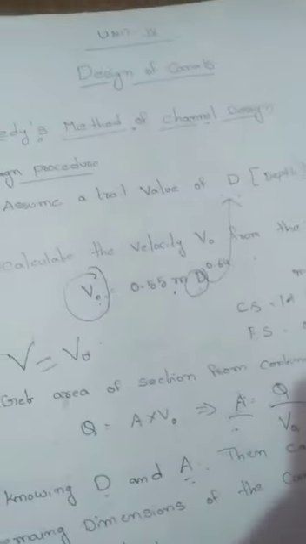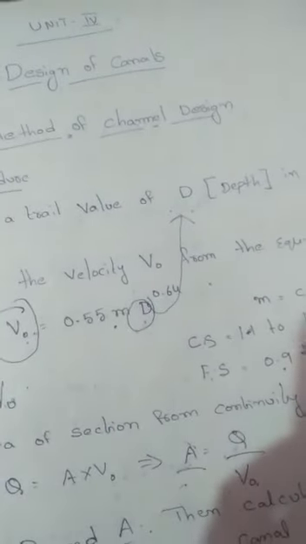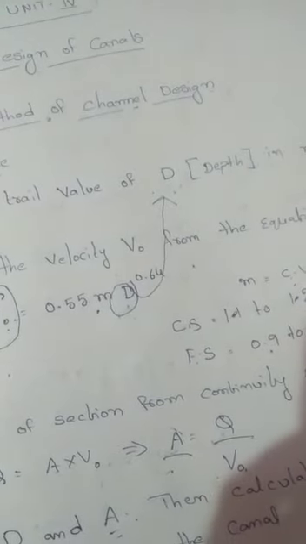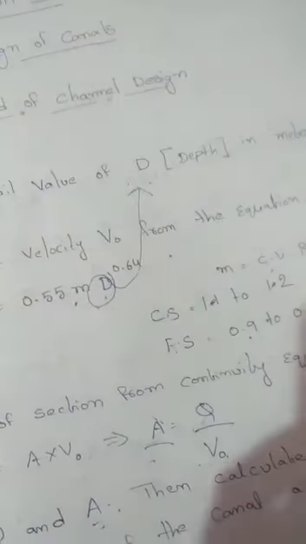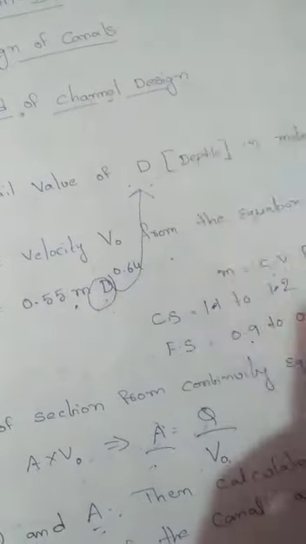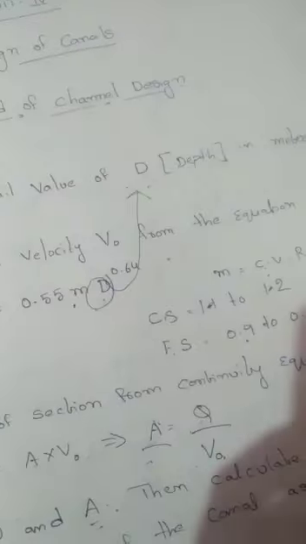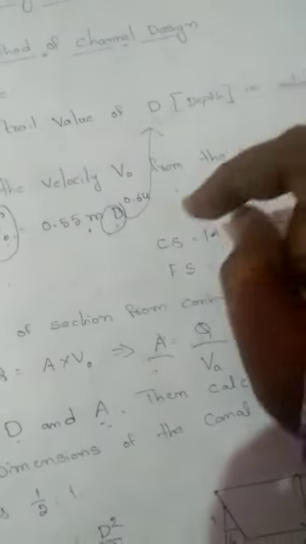I will repeat the comparisons once again. Kennedy's method is a trial and error method, but Lacey's theory is the direct method. It doesn't have any trial and error. Kennedy's uses the velocity theory, while Lacey's uses the hydraulic mean depth theory. Kennedy used Kutter's formula to calculate the velocity, while Lacey developed his own formula.